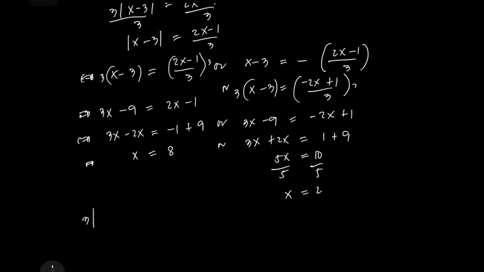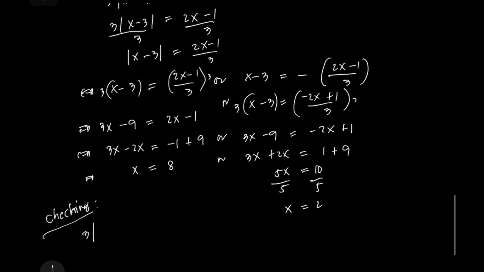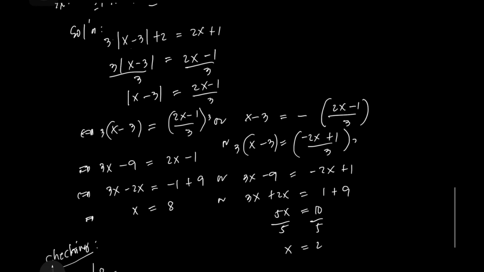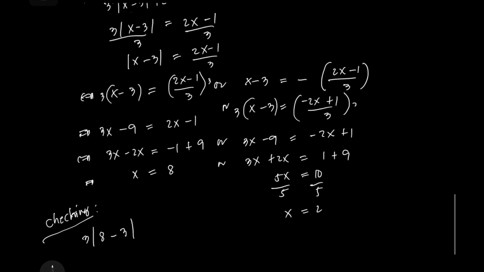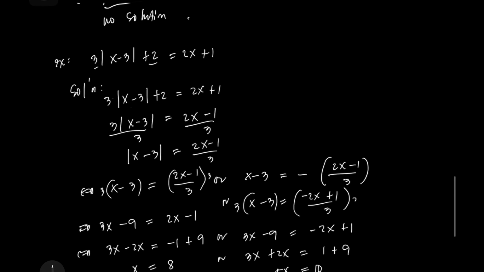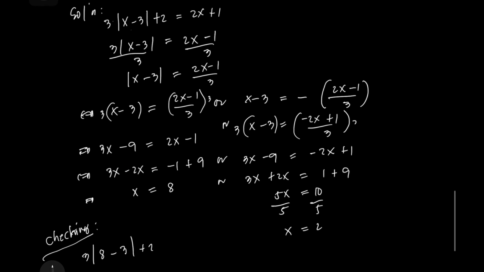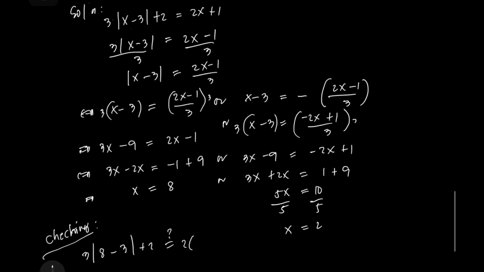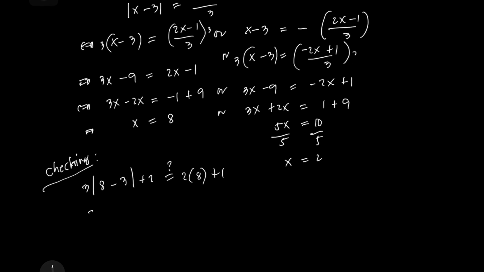So for 8 first, let's have it as checking. 3 times absolute value of 8 minus 3 plus 2, is it equal to 2 times 8 plus 1?